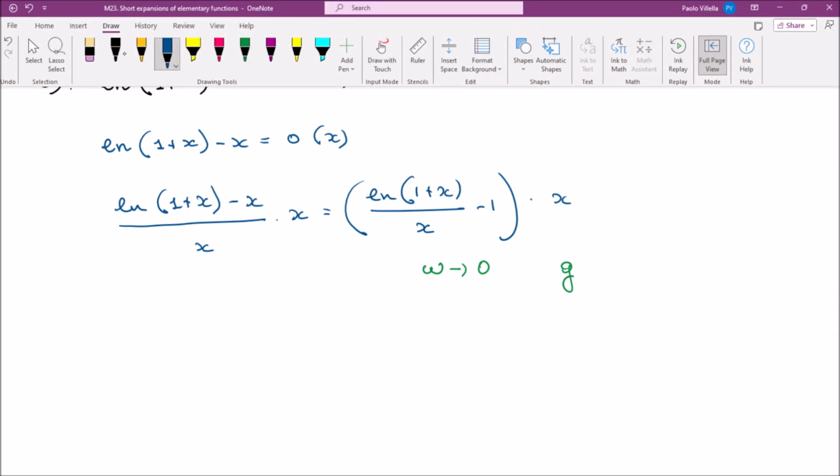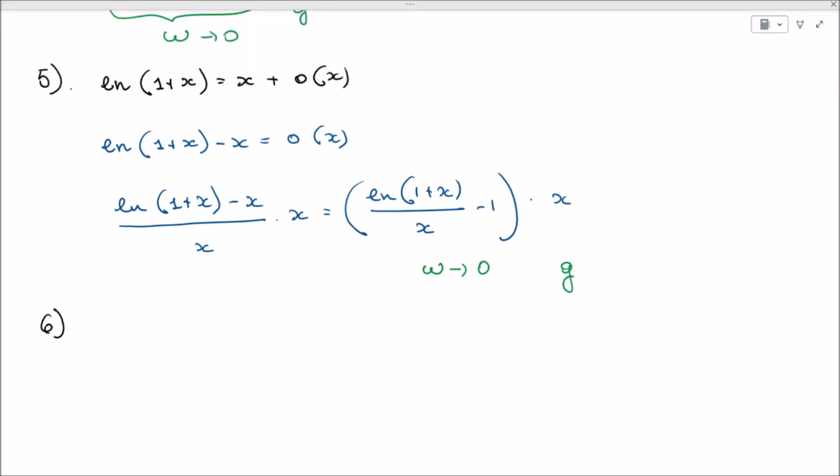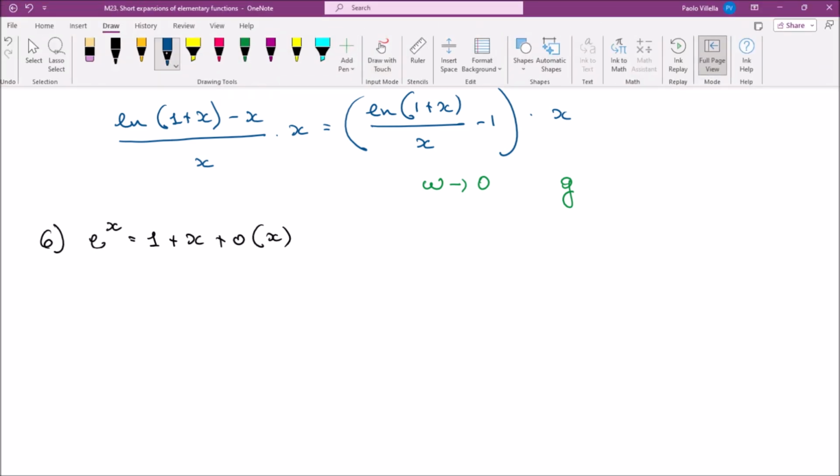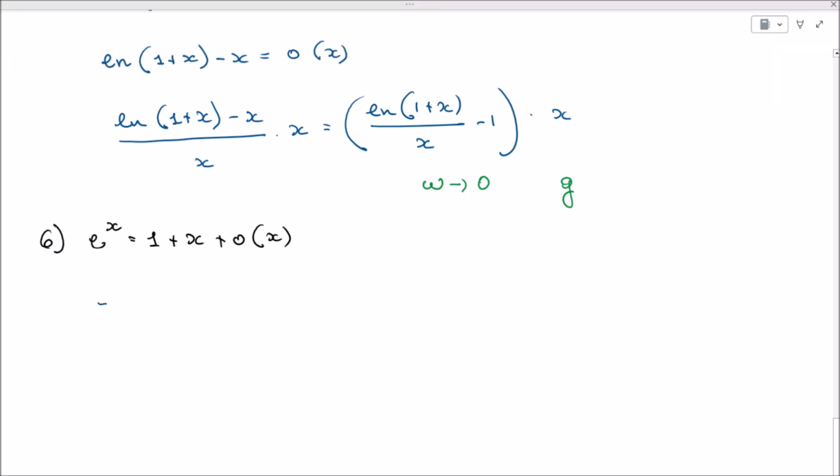Expansion 6. E to the x equal to 1 plus x plus little o of x. Let's prove this, which is just like saying e to the x minus 1 minus x equal to little o of x.